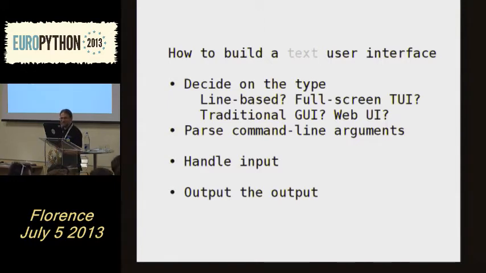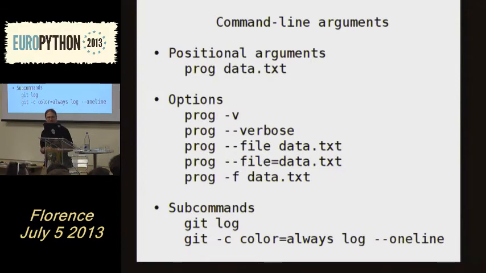And once you have that, you parse the command line arguments, which pretty much have to do for every app. You handle the input somehow, and you output the output. So the first thing is the command line arguments. Normally, you use what's called the GNU style. There are other styles too, but this one is used pretty much everywhere now because it's better.